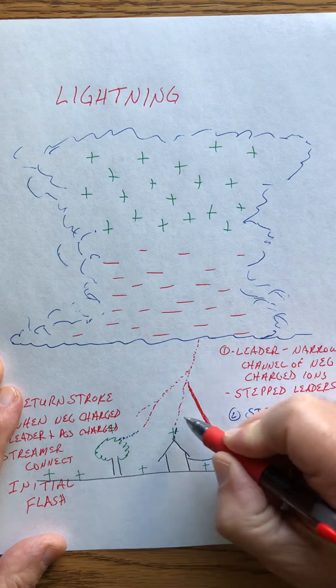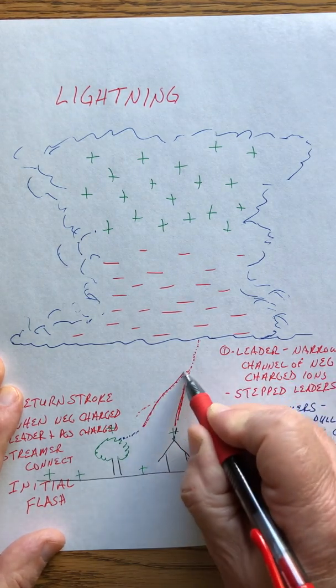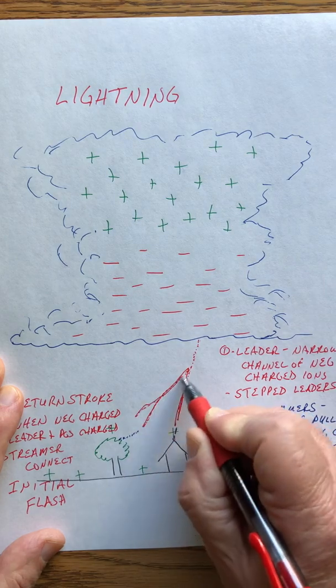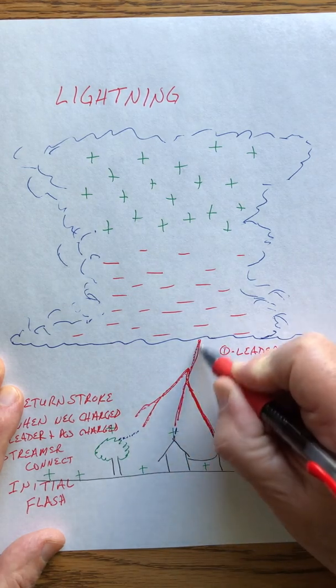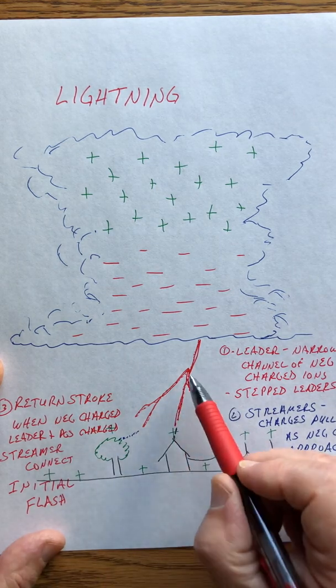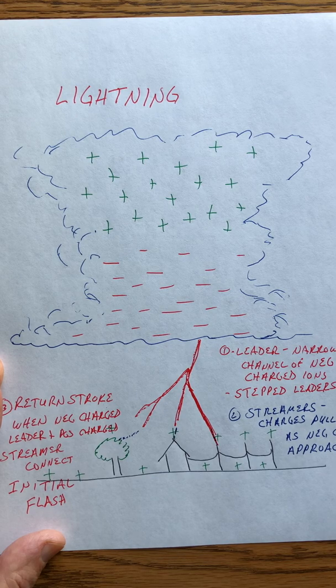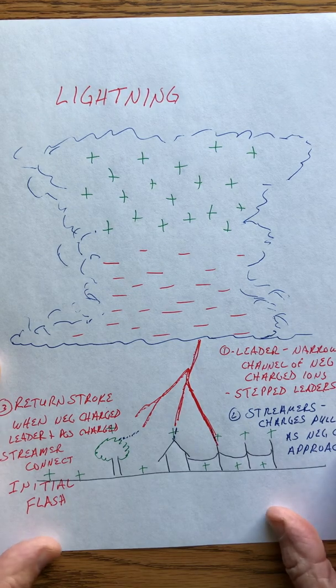Okay, and you start to drain these electrons from the different portions of the cloud. Okay. And the draining of those electrons from this channel is called the return stroke. Okay, and all right, so there we go with the return stroke.